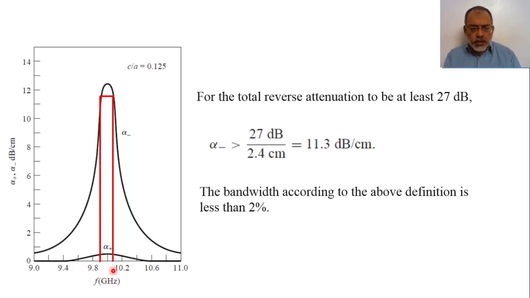So in this case, the bandwidth is around 0.2 gigahertz, and the center frequency is 10 gigahertz. This means that the bandwidth, according to these requirements, is less than 2% of the center frequency.